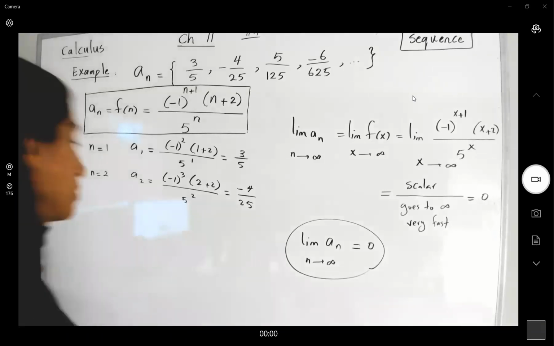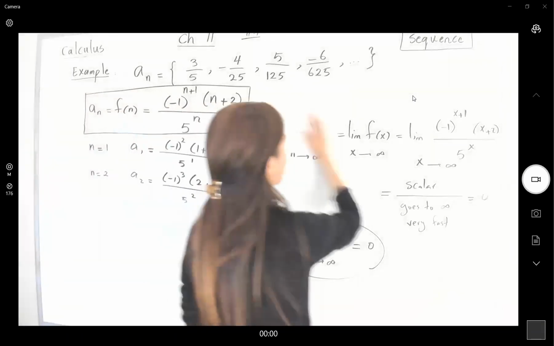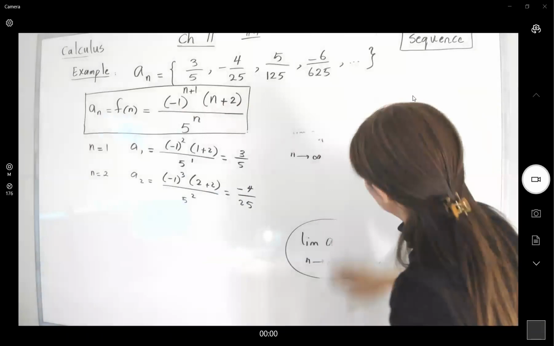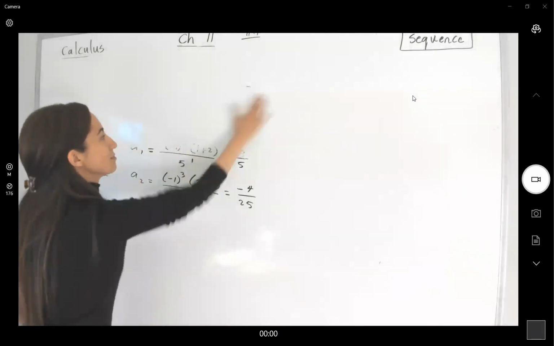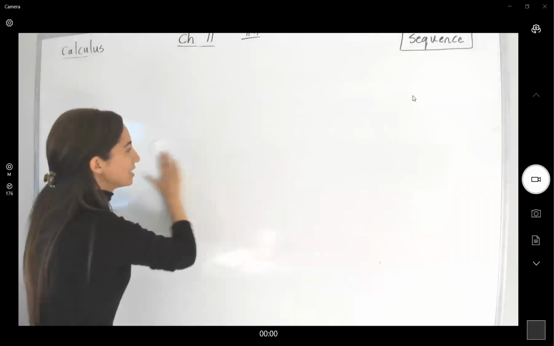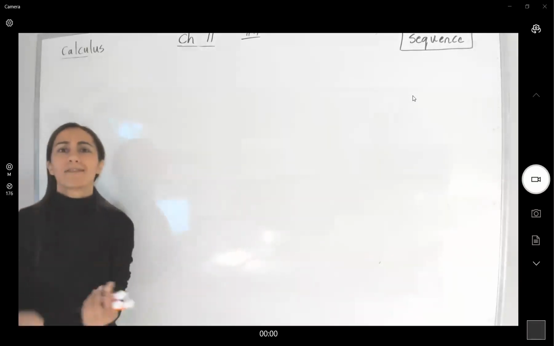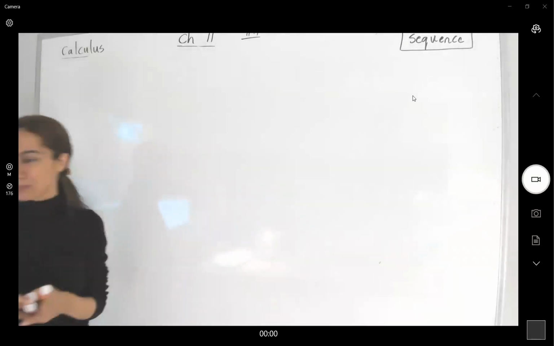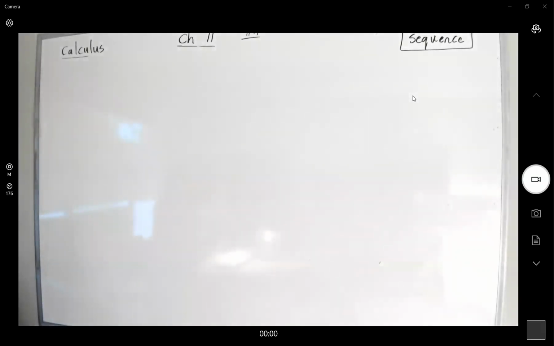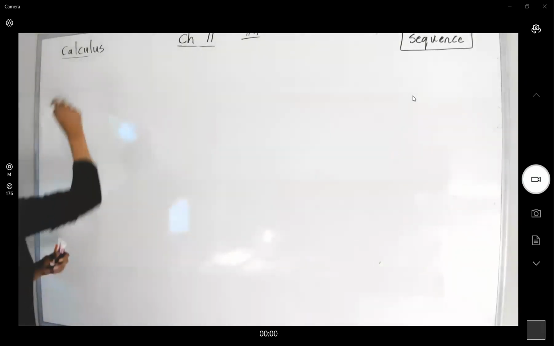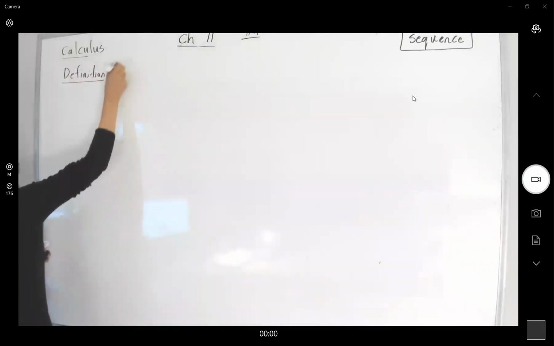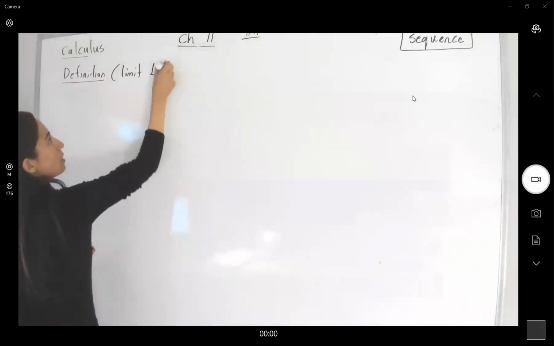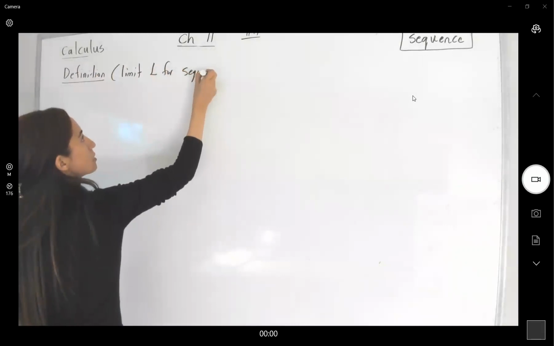Okay, let us go over some important definitions. So we're going to talk about a convergent and divergent sequence. Definition of a limit for a sequence, limit L for sequence.